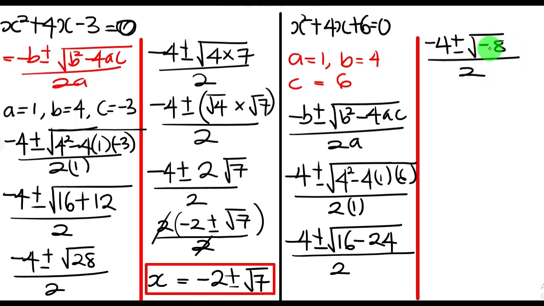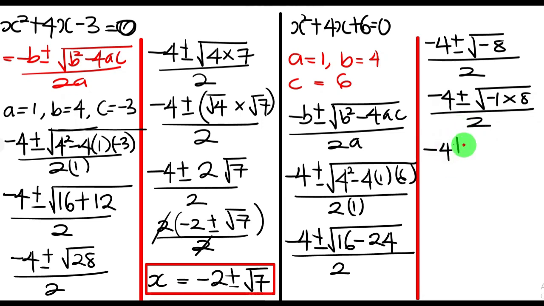So we're going to separate the minus from the 8. If we do, we have minus 4 plus or minus the square root of minus 1 times 8, everything over 2. And if we split that, we have minus 4 plus or minus the square root of minus 1 multiplied by the square root of 8 over 2.